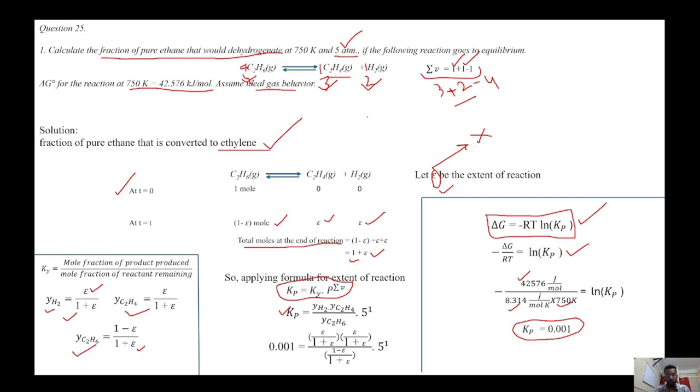Then always remember that on the mole fraction term, the stoichiometric coefficient goes to the power. For this particular reaction, Y of H2 squared will come, Y of C2H4 cubed will come, and here power 4 will come.